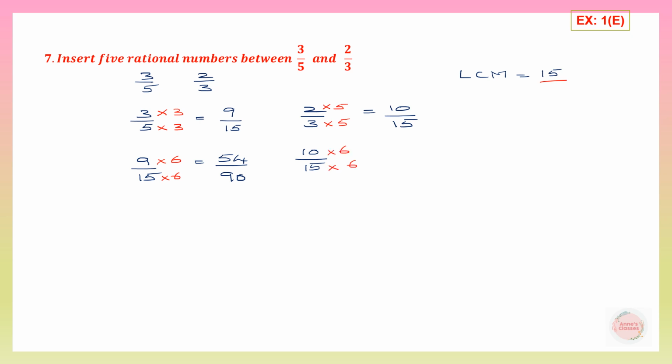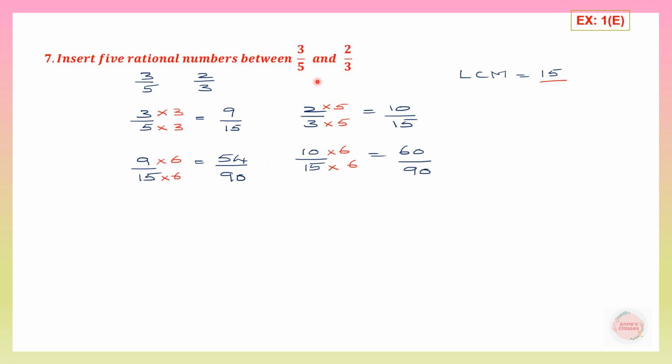Multiply both by 6. Now 10 sixes are 60 and 15 into 6 is 90. So now what do we have? We have 54 by 90 and 60 by 90. All the rational numbers that come between these two will be the rational numbers that come between the originals. So after this it is 55 by 90, 56 by 90, 57 by 90 and so on.